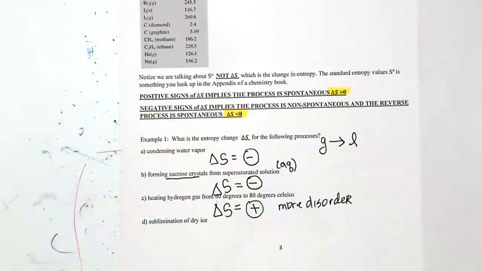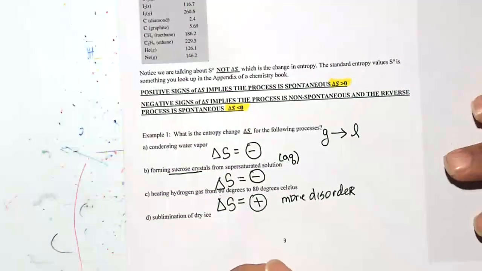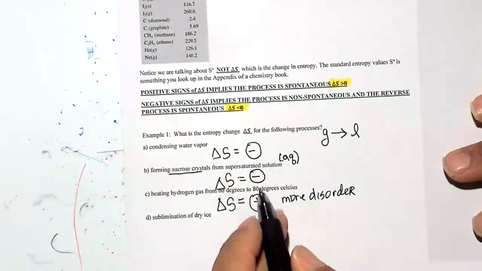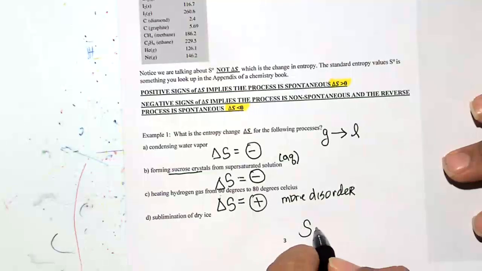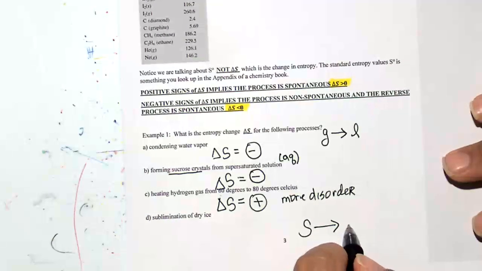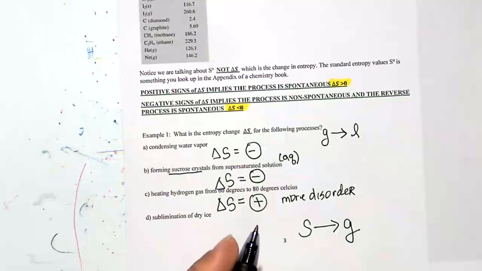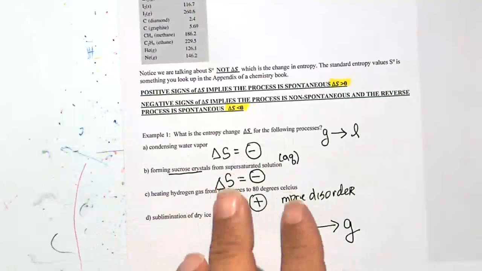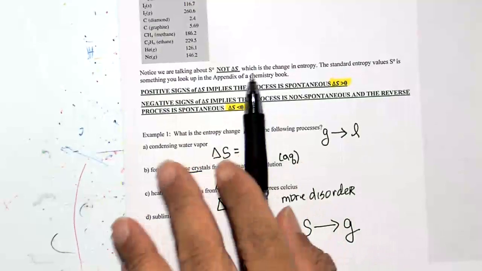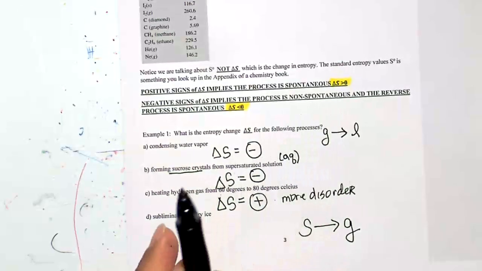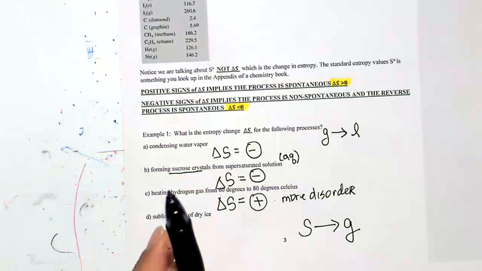And then sublimation of dry ice. What do you think sublimation is? It's a solid going straight to a gas, skipping the liquid step. Have you ever had banana chips, those dehydrated things you get at Fresh Market?